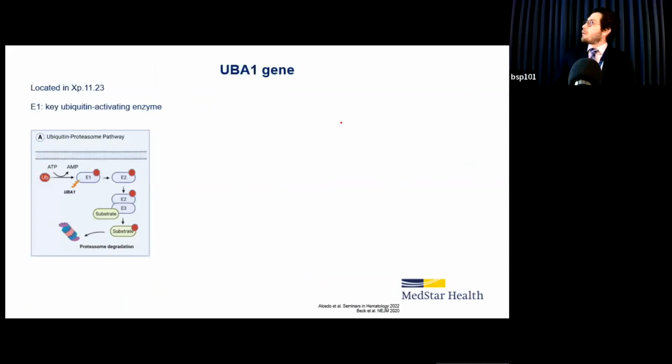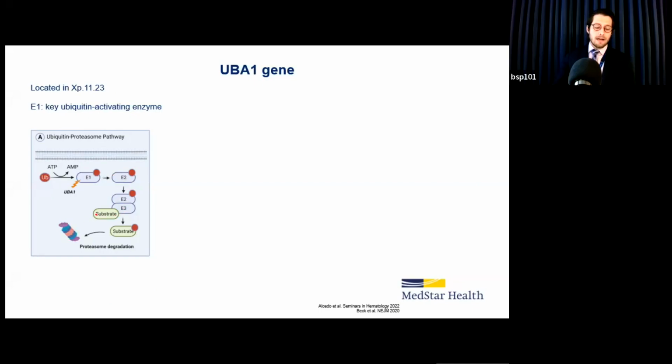So what does the UBA1 gene do? As I said already, it's in the short arm of the X chromosome, and it is very important to produce E1, which is a key enzyme that is part of the ubiquitin proteasome pathway, and it basically leads to the activation of this pathway, along with other groups of enzymes, including E2 and E3.